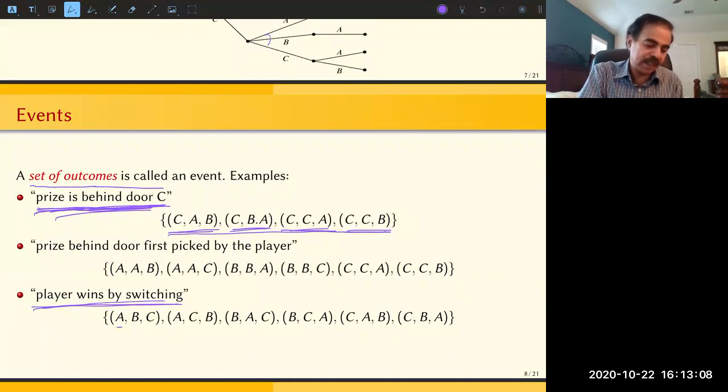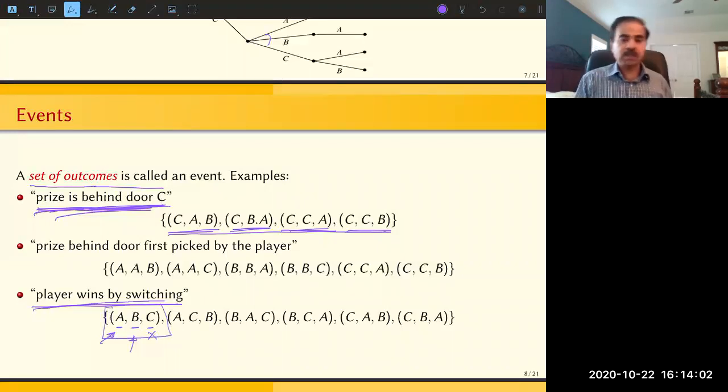One case is that the car is behind door A, the contestant picks door B, and the host shows door C. Now C has been opened, so it's no longer in contention, and the contestant has currently picked B. If the contestant switches, then they will pick A, and in this case the car is behind door A. So this is one of the outcomes where by switching, the player wins.